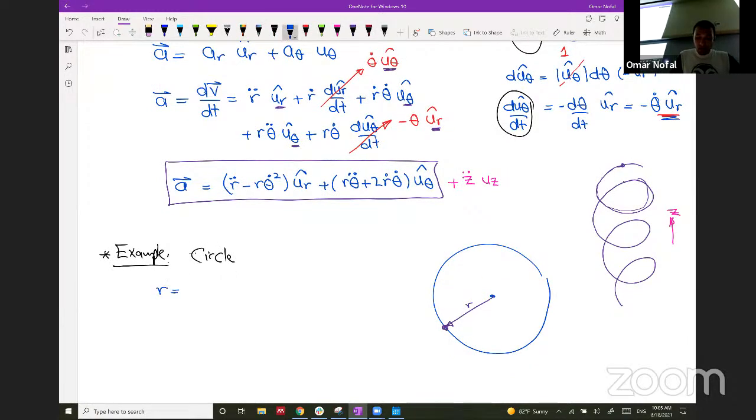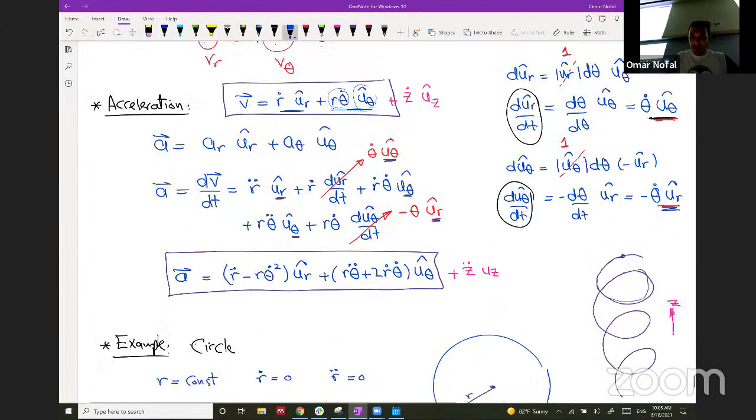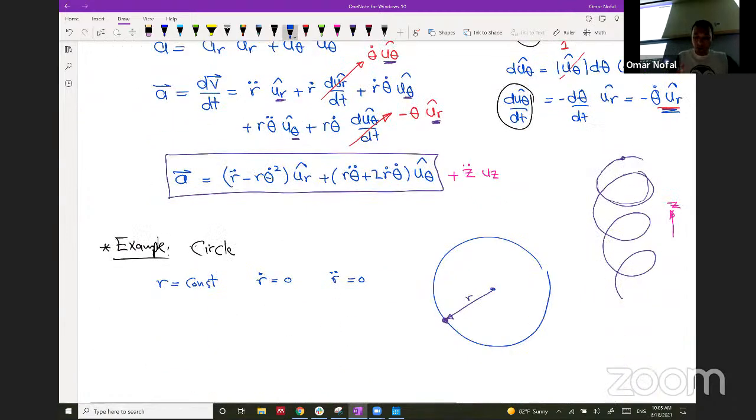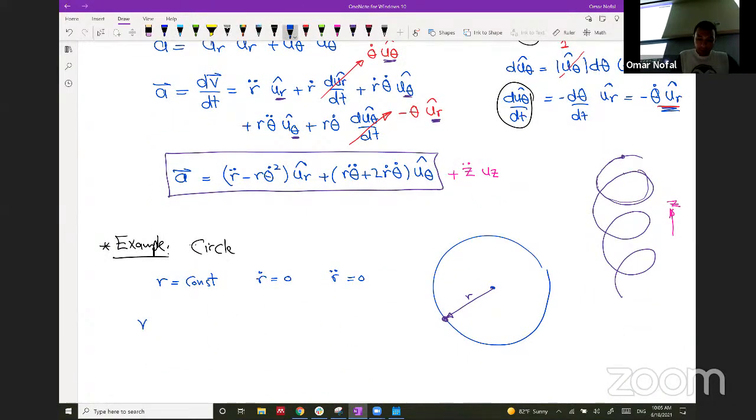If r is equal to a constant, then r dot is 0 and r double dot is 0. If we substitute back in the equation, v_r will be equal to 0, and you will have the r theta dot component. So v will be equal to 0 in the u_r direction plus r theta dot in the u_theta direction.